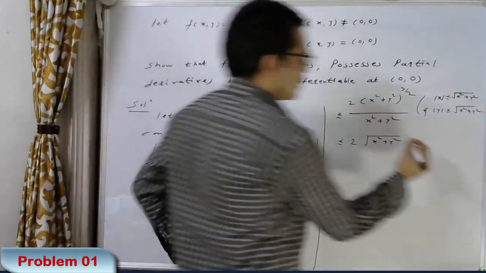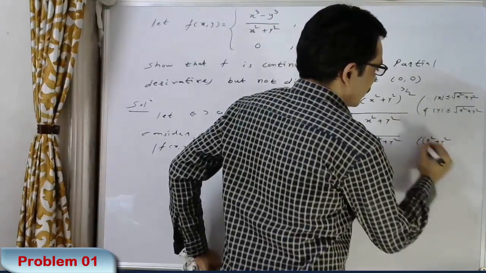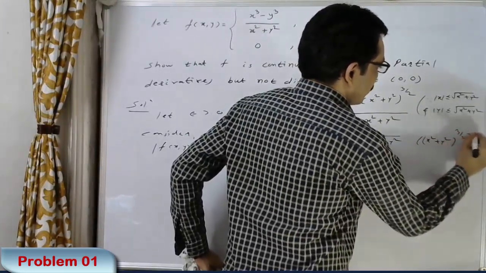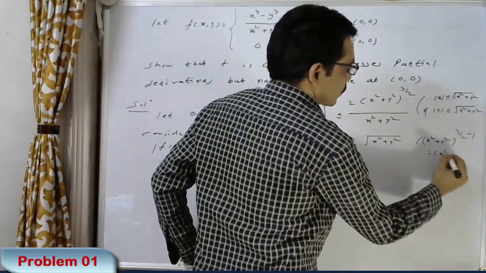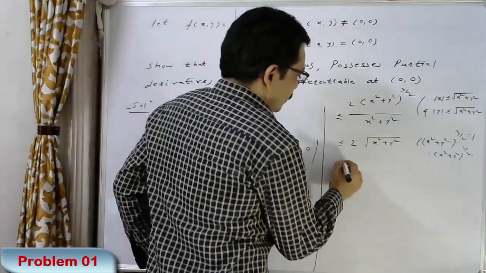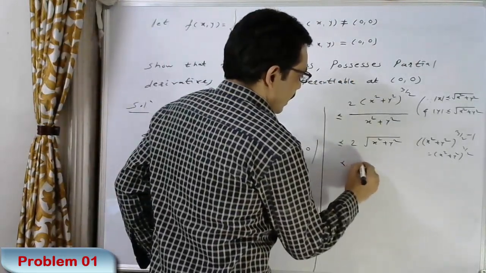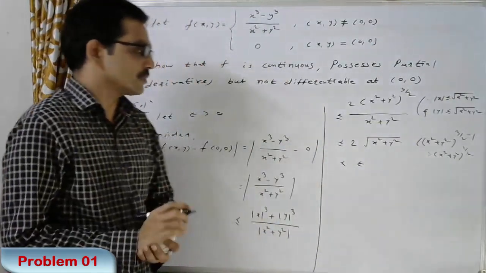That is, x square plus y square raised to 3 by 2 minus 1 is equal to (x square plus y square) raised to half. Then this one is less than epsilon.